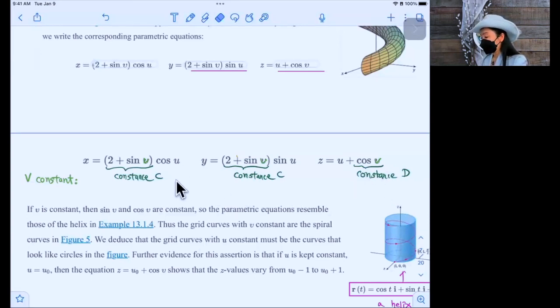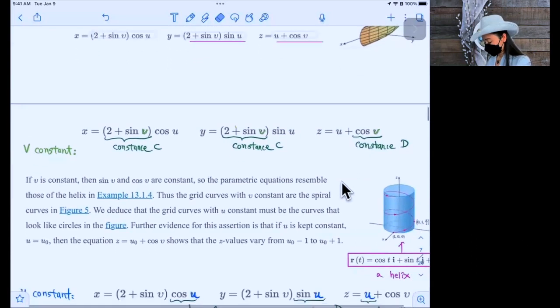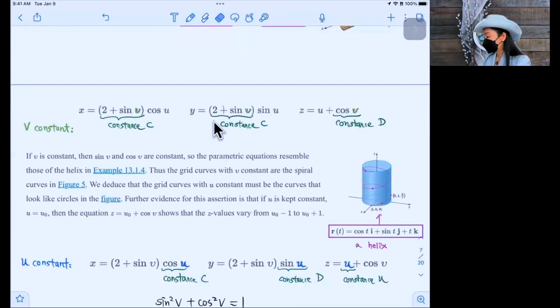Now, what kind of curve is this? So it's c times cosine u. This one here is d plus this. So what kind of curve is this? This kind of reminds you of the helix, right? The helix is cosine t. And remember the u here varies, kind of like the t over here.